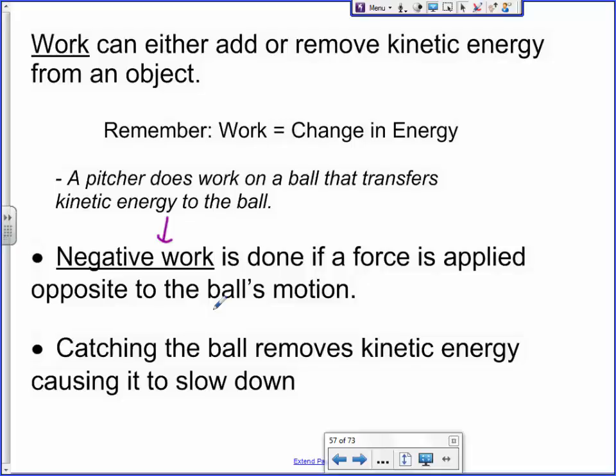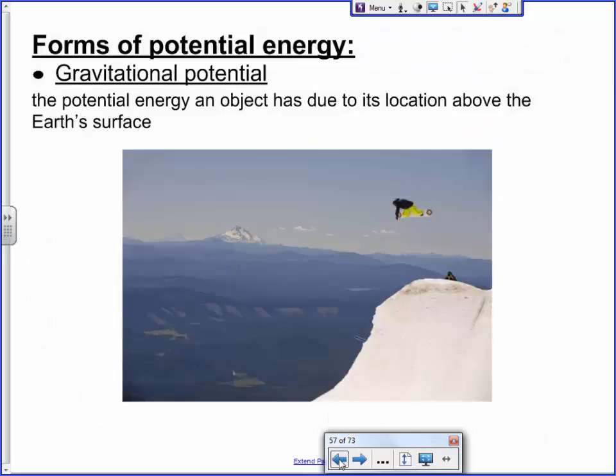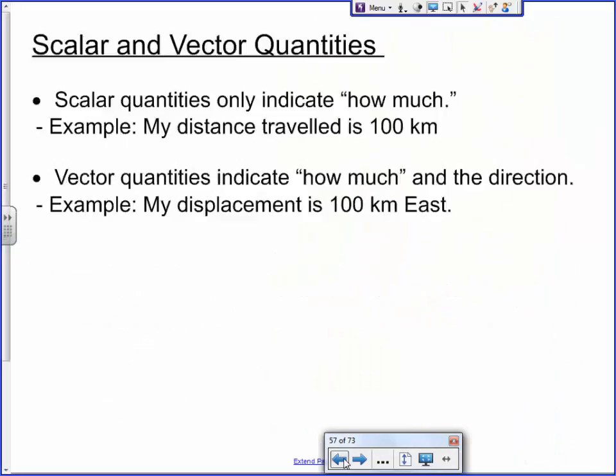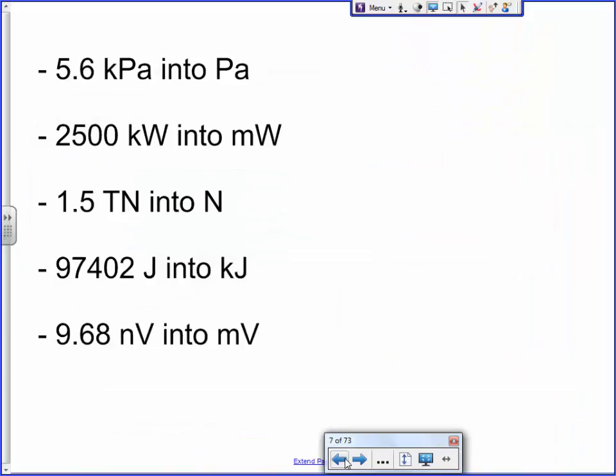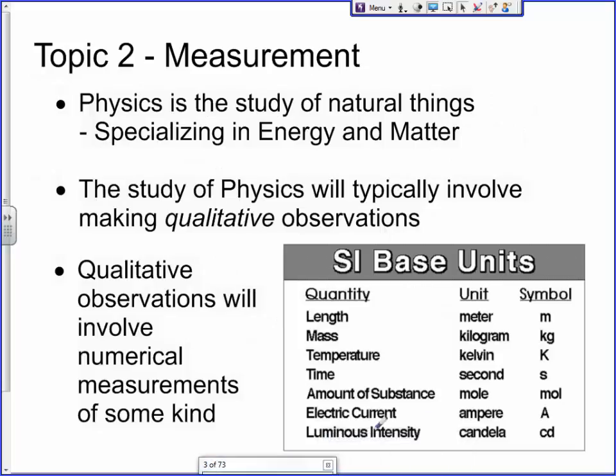It sure would help to know the units and how they work, because really all of the units that we do in physics. Give me a second. I'm going to go back to one of the very first slides we did. It's a long ways back. These are the only units we use in physics. Meters, kilograms, Kelvin, seconds, moles, amps, and candelas.